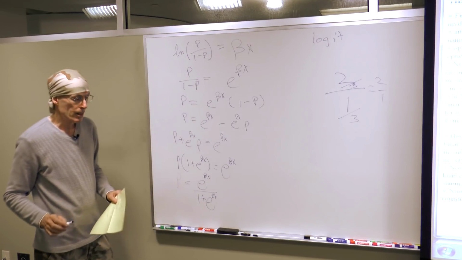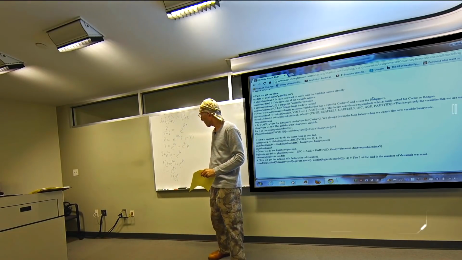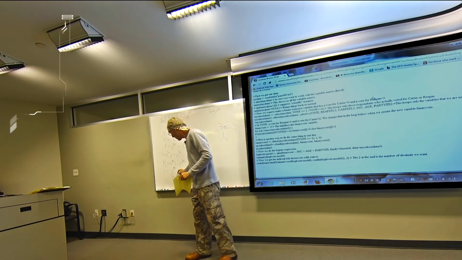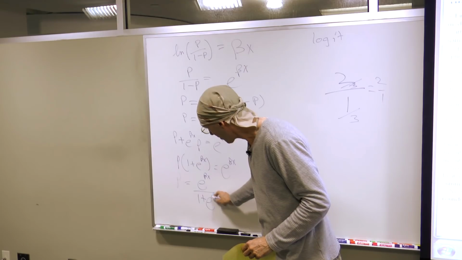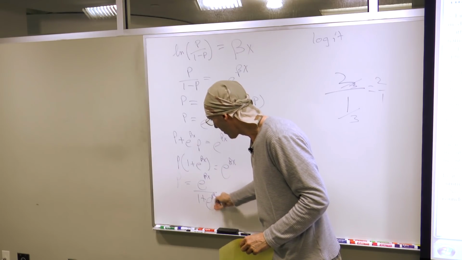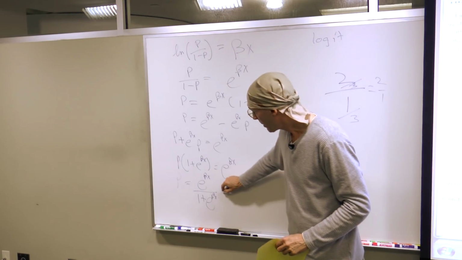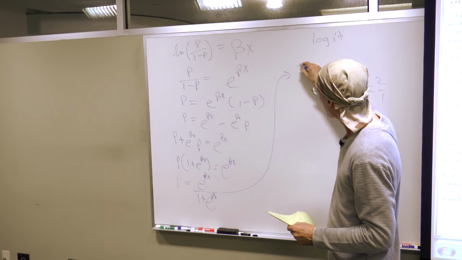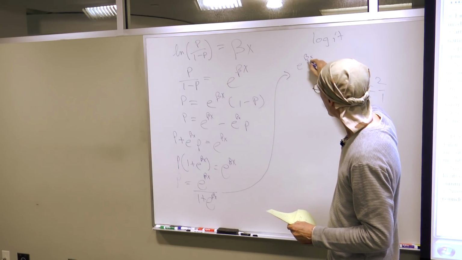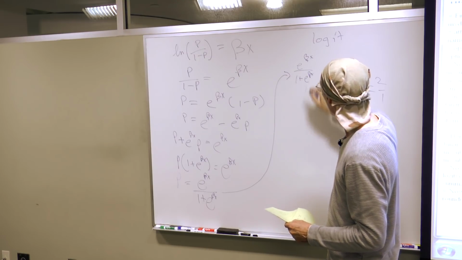Now we're actually done, except that this is not the way it's normally presented. It's normally not presented in this exact form, although this form is the one I'm going to use to explain how the algebra actually works. But normally what they do when they get to this stage, they add another step and they go e to the beta x divided by 1 plus e to the beta x.